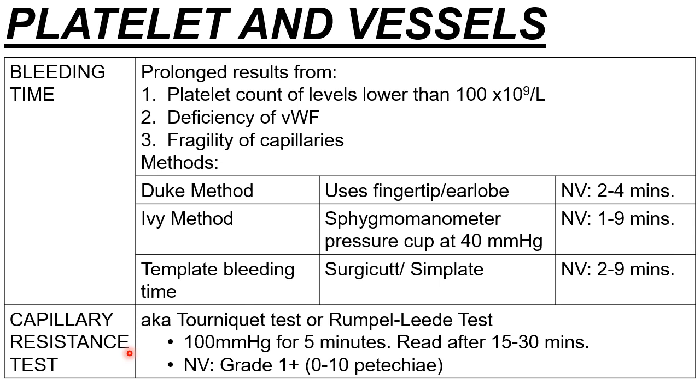And this time, mas mataas ang kailangan na pressure mo, 100 mmHg for 5 minutes. Tapos, observe mo kung ilan yung mga capillaries na nag-give in dun sa pressure na yan. Okay? The normal grade is 0 to 10 petechiae only.